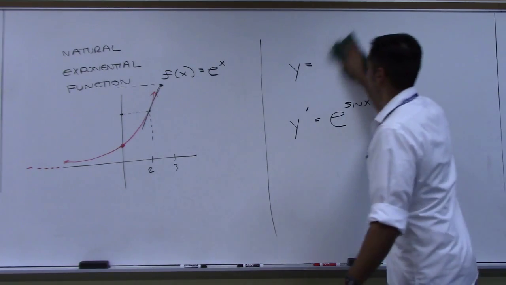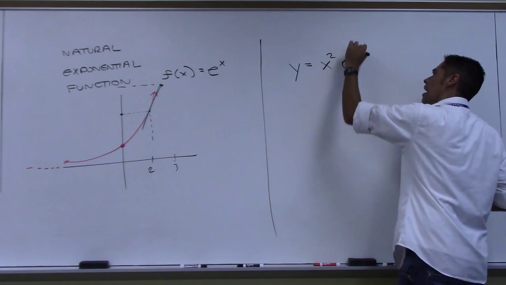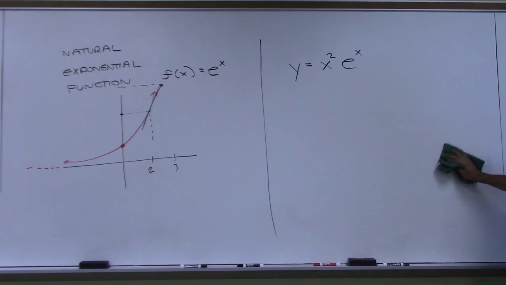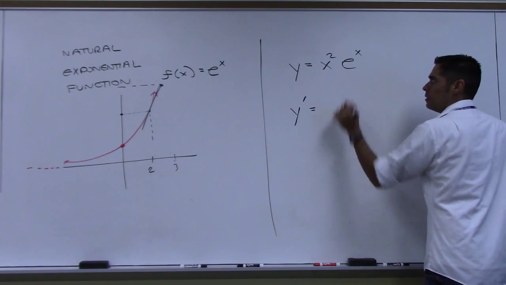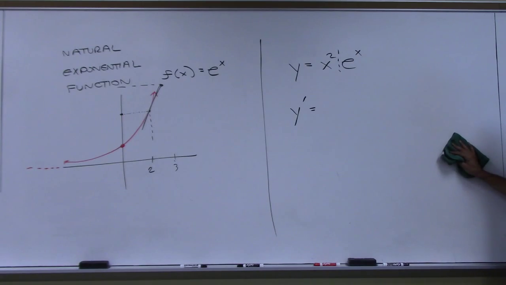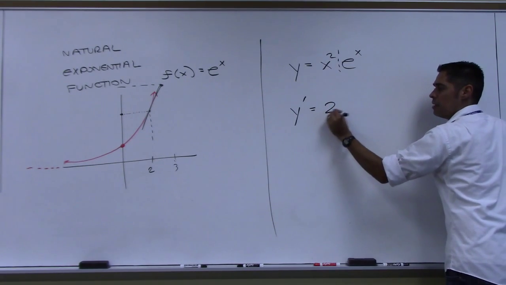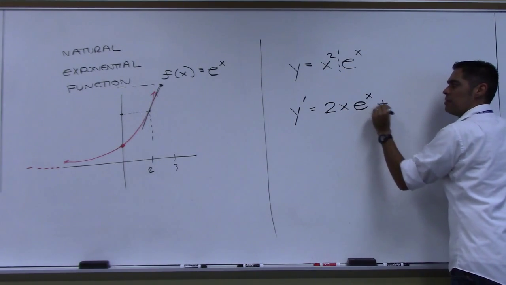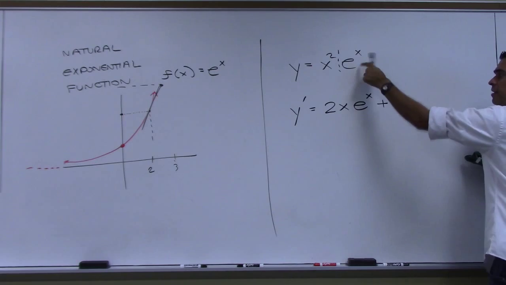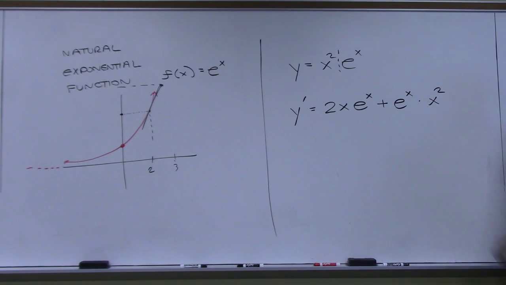Here's another one. What about x squared e to the x? What would the derivative of that be? You have a product rule here? So I'm going to do derivative of this one, which is 2x, times e to the x plus derivative of e to the x, e to the x times x squared.